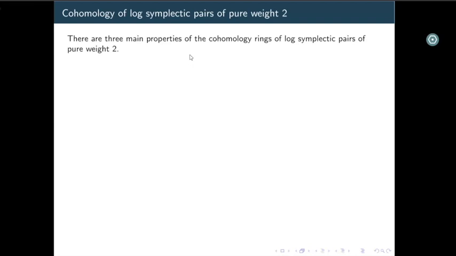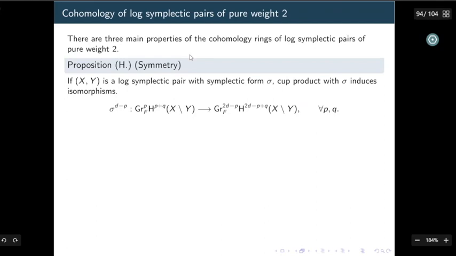There are three main properties that you can determine about the cohomology rings of log symplectic pairs of pure weight 2. The first one has nothing to do with pure weight or anything like this. This is just some sort of symmetry condition.